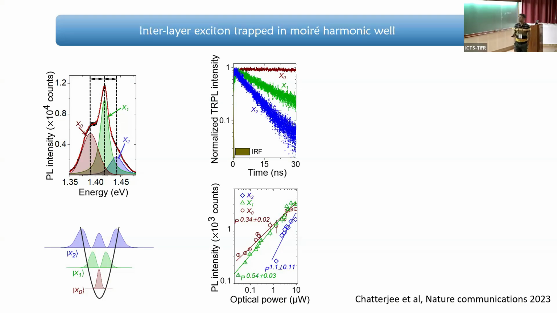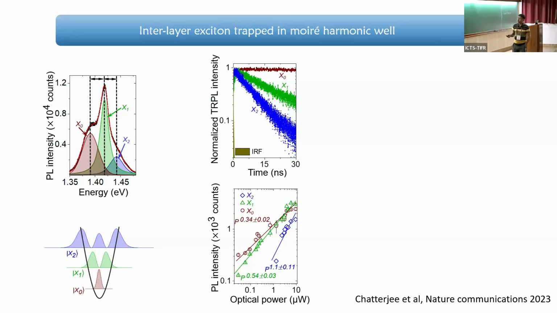Okay. So I'll show some gating dependence of this modulation later, so that will make it even more clear. The other interesting effect we observe is the power law. Let's say you increase the power and you observe the photoluminescence intensity. Typically, if you have a free exciton and nothing else perturbing the system, the exciton intensity, if you just do a one-line math, will be proportional to the power that you are introducing, right?